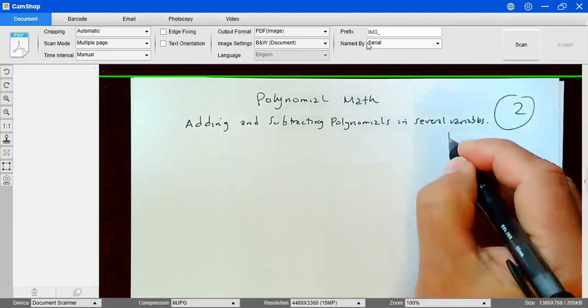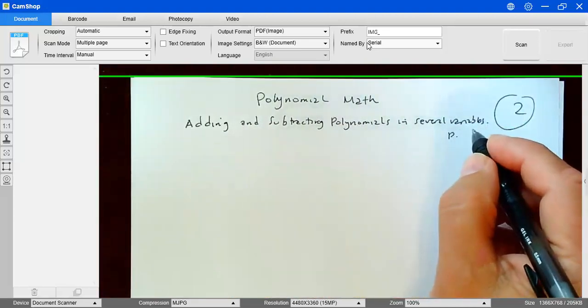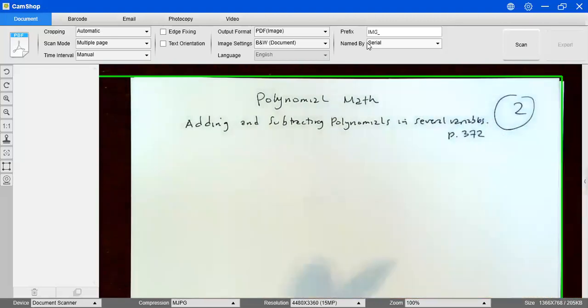So this is on page 372. So we're going to solve a couple of examples.